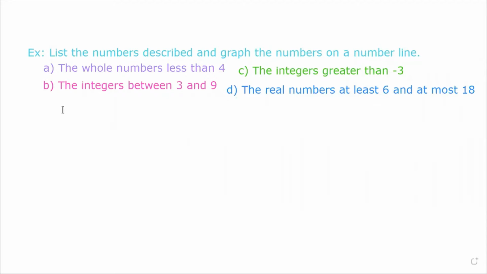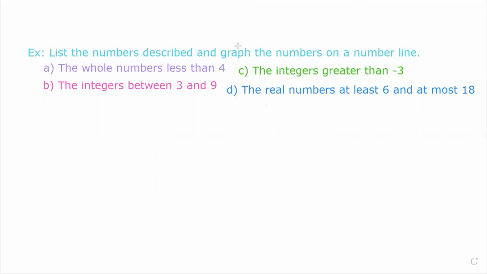Now the next example. List the numbers, describe them and graph the numbers on the number line. See question A. The whole numbers less than 4. Then we draw the number line first.